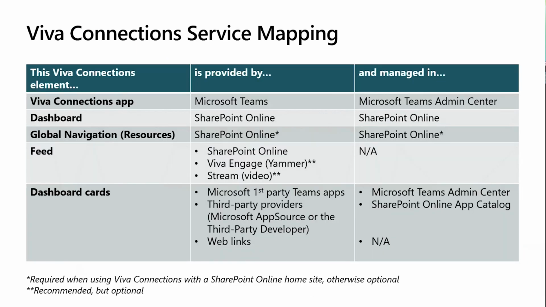So if you're using the experience that's more SharePoint content focused, then you'll want to have these things in place. The single asterisk means that's required when you're building Viva Connections with more of the focus on SharePoint content. If you're using the new experience, then it's not required.